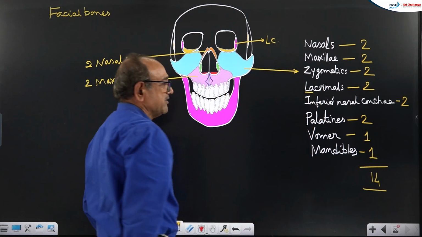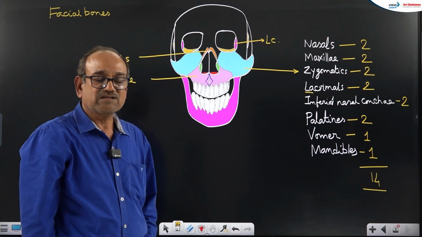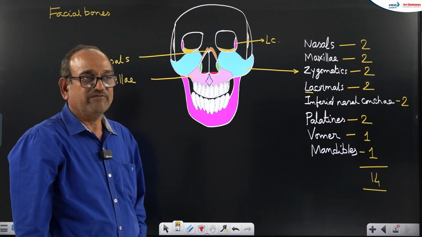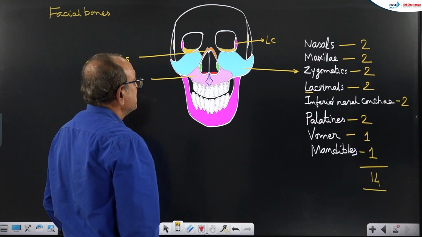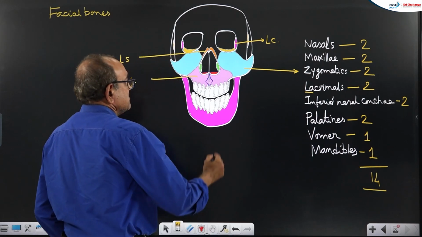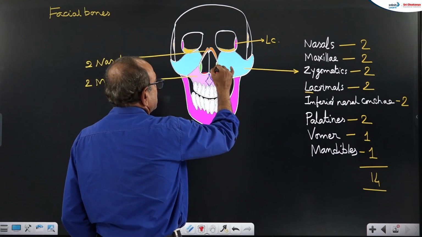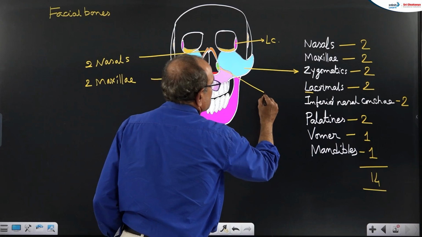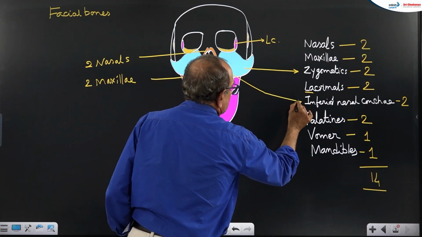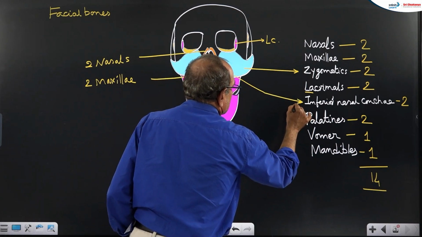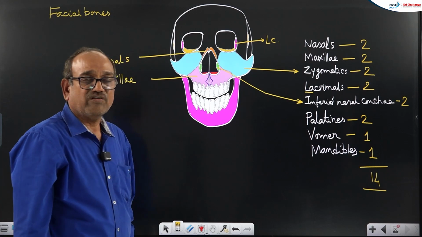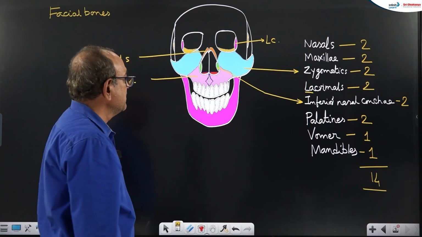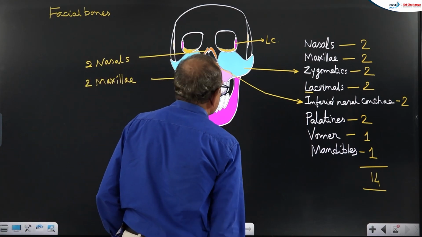Lacrimals, they are 2 in number, and these are the very small bones of our face. Next, inferior nasal conchae. These are the inferior nasal conchae, the turbinals. They help in the conditioning of the inhaled air. They are also 2 in number.